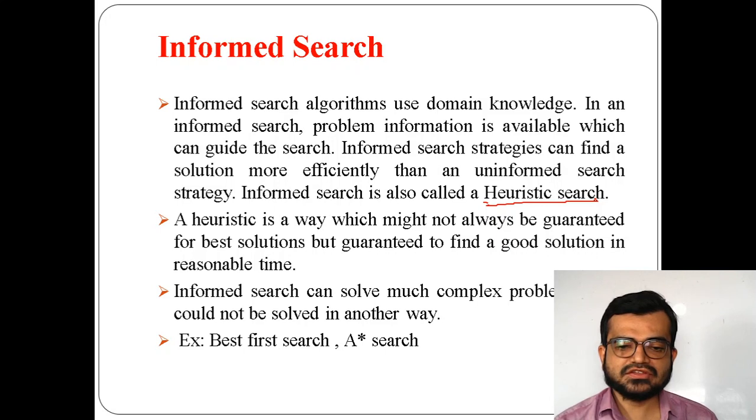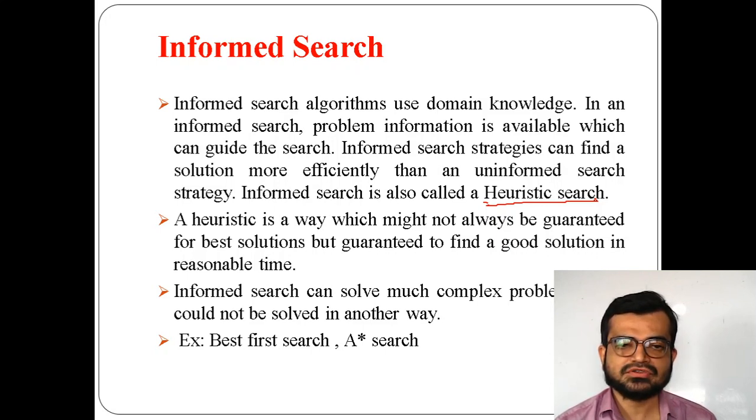Because of this property, it can handle many complex problems which cannot be handled by uninformed search. Since uninformed search doesn't have any knowledge, even for a simple problem it is very difficult to find the solution.